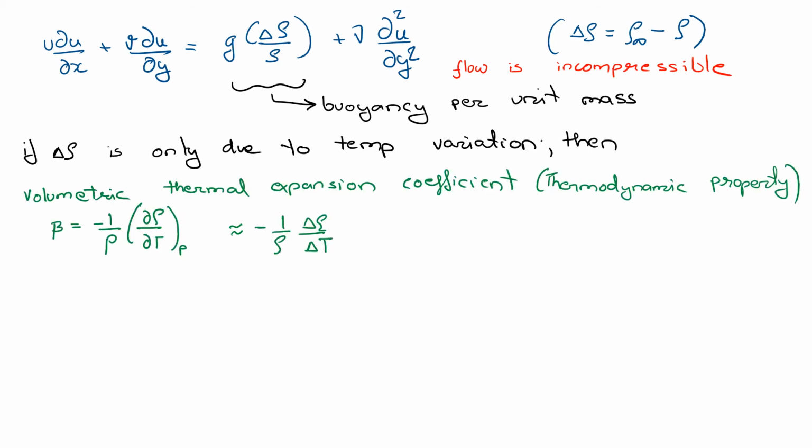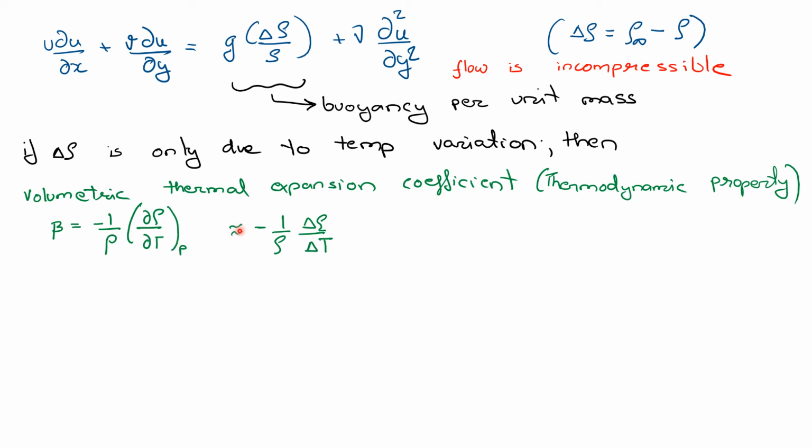So what we do is that because our density is just due to temperature variation, we can use the definition of volumetric thermal expansion, which is a thermodynamic property, and it is defined as beta equals minus 1 by rho times the variation of rho with respect to temperature at constant pressure. Okay, this P here means constant pressure.